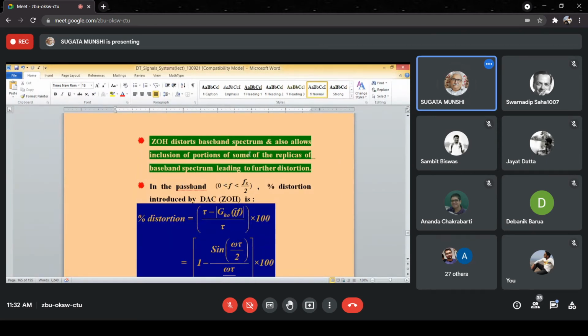What is the percentage distortion that the zero order hold will introduce? Why is it tau minus this magnitude, divided by tau?